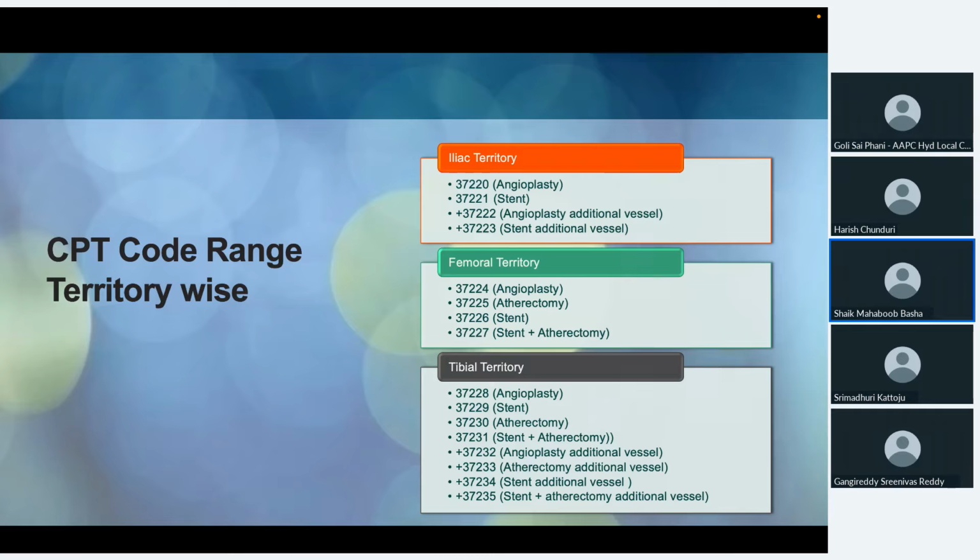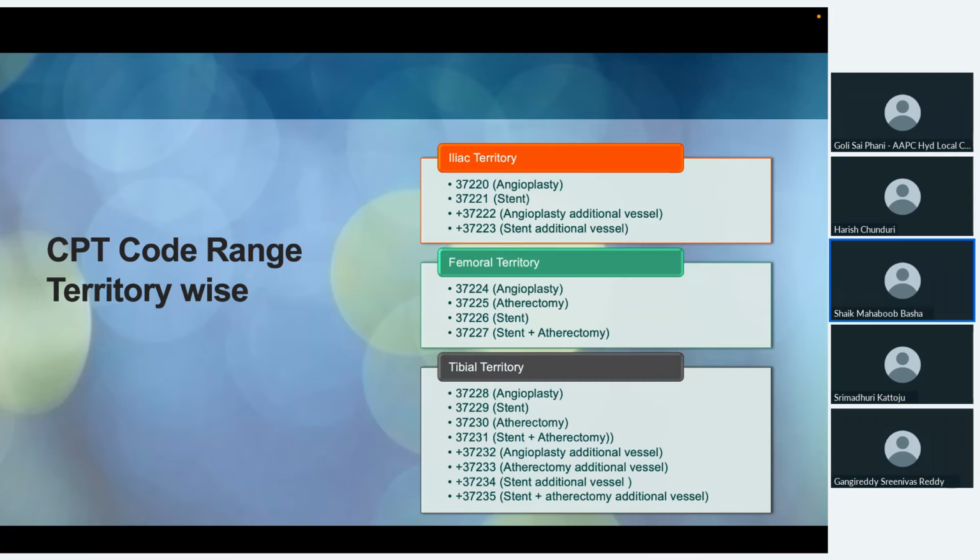We do have a combo code. While coming to the tibial territory, 37228 represents angioplasty, 37229 is stent, 37230 is for atherectomy, 37231 is for stent plus atherectomy. So someone commented the screen is not visible. Is it so for everyone?